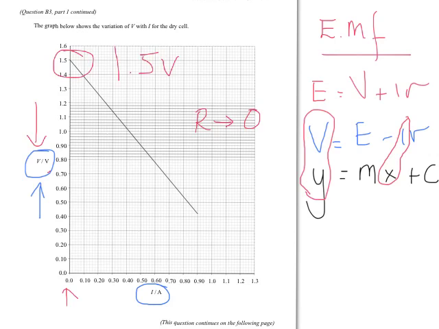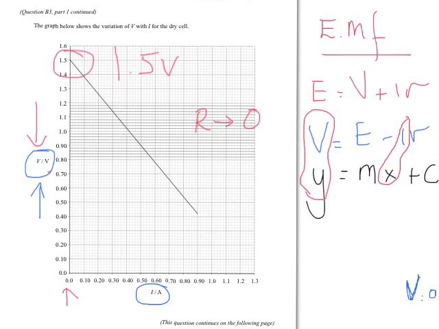Now, there are a couple of ways to think about this. If I draw the circuit for you, the external resistor PD would be 0. So that would mean that the V here would also be 0. We can think of it in terms of V up here.